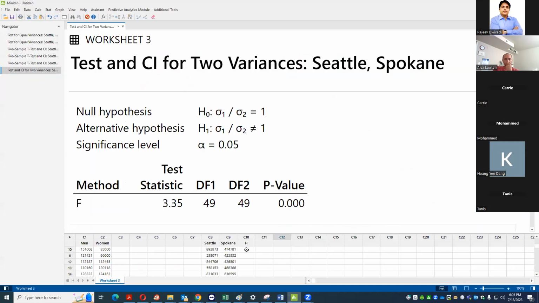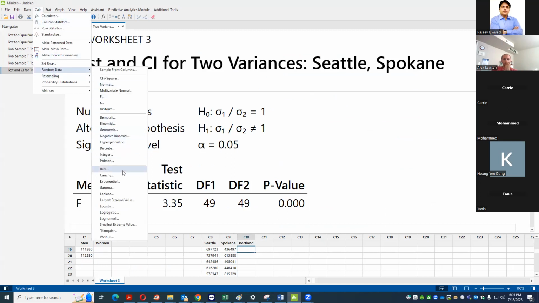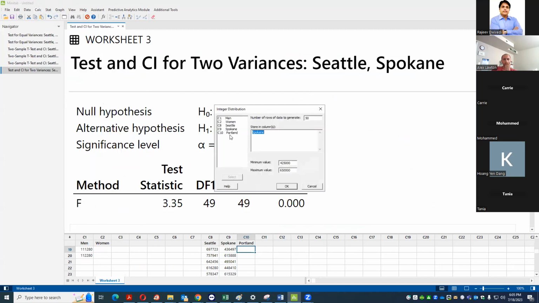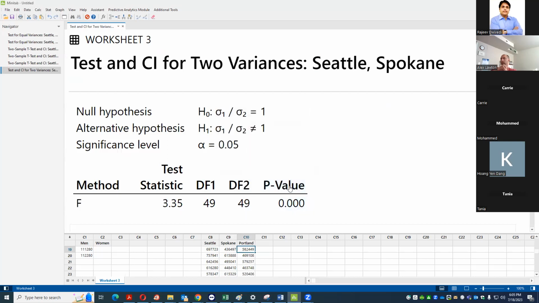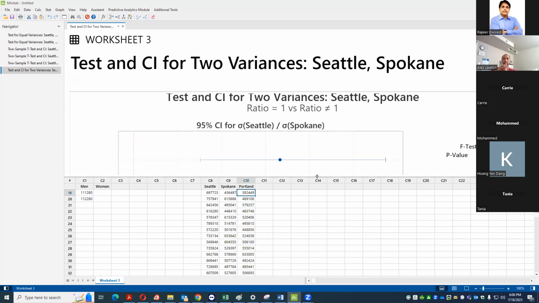So I'm going to put Portland here, and create the data again, random integer data. So I now have 3 samples, or it could be 4 or 5.